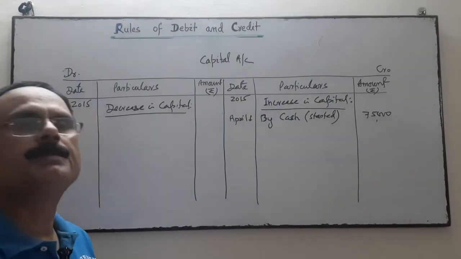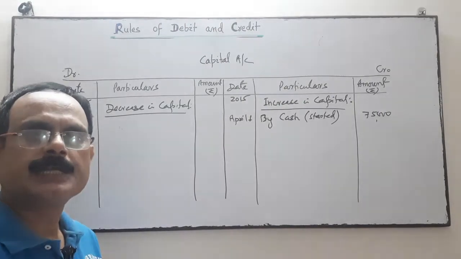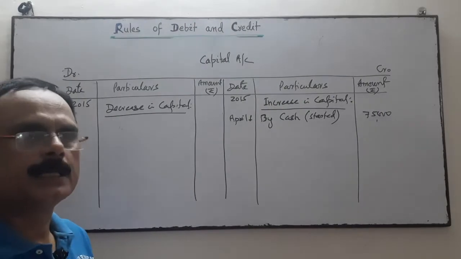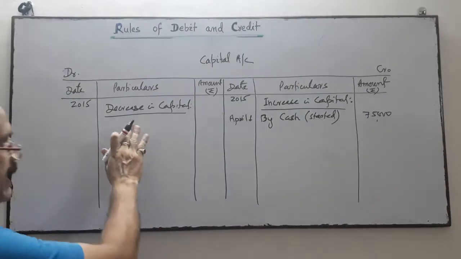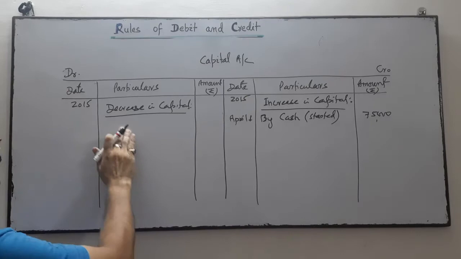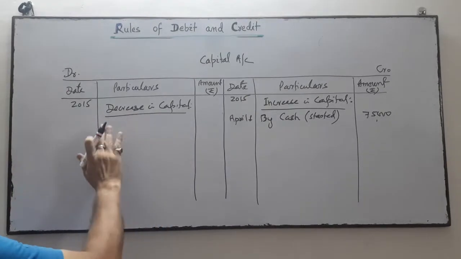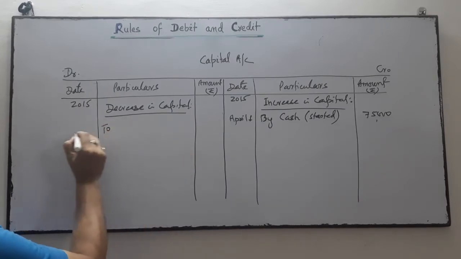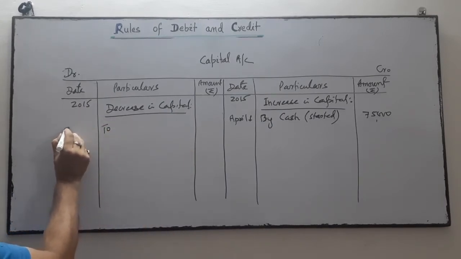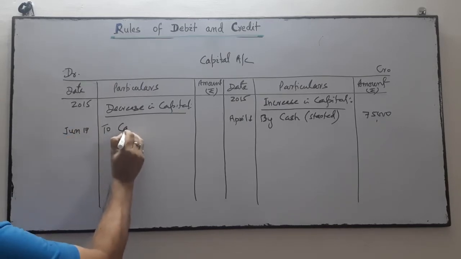Second is withdrew from business for personal use. For personal use, the proprietor has withdrawn the amount from the business. It means the capital of the proprietor will decrease by that amount. So we'll write this side, the date is June 17, to cash.